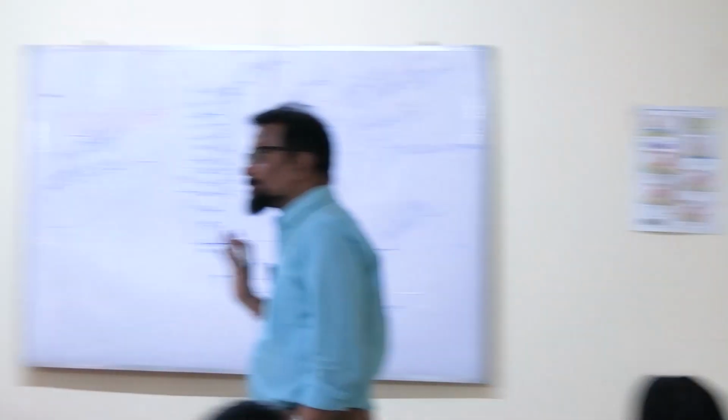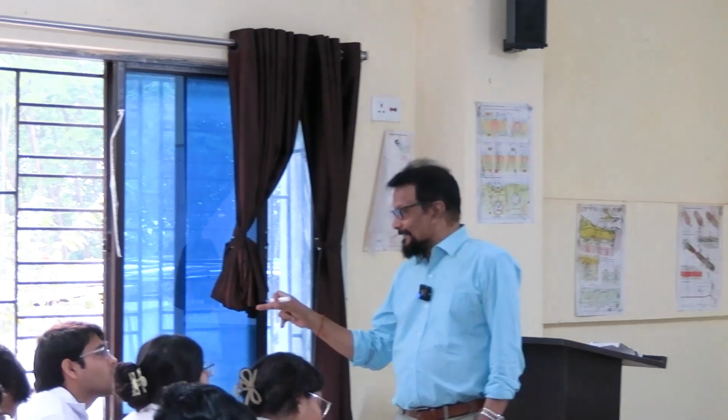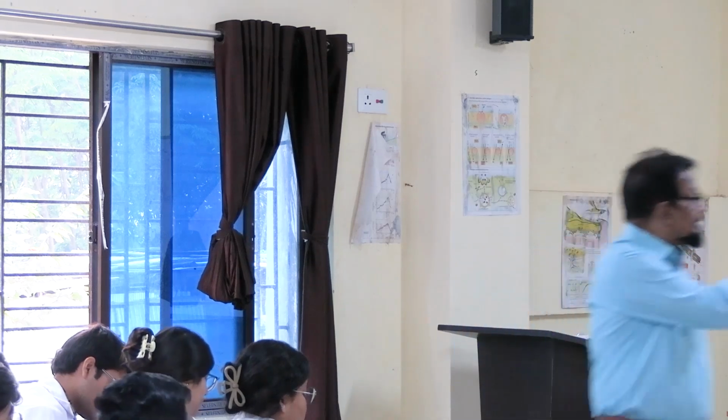Okay, so this sort of action potential is happening in what type of cardiac muscle? Working cardiac muscle. Let's see the difference. What happens in the SA node? We have seen that contraction of the working cardiac muscle needed a stimulus.